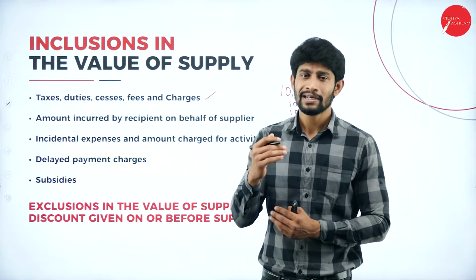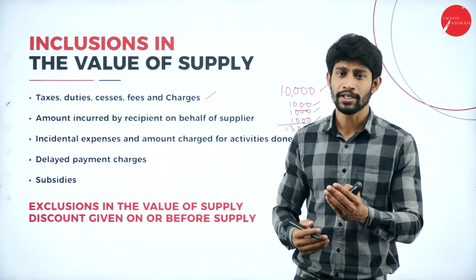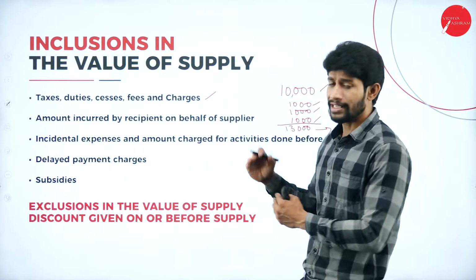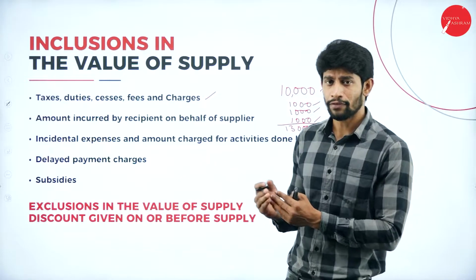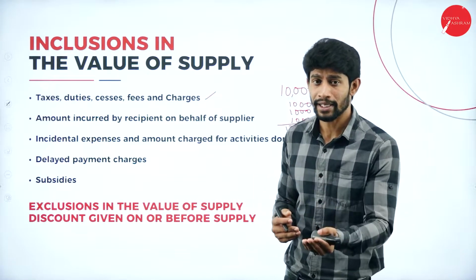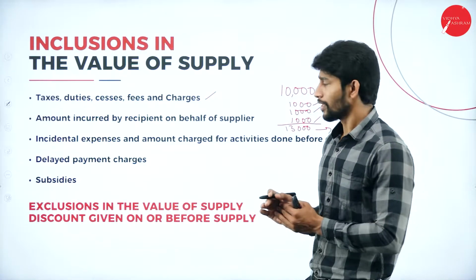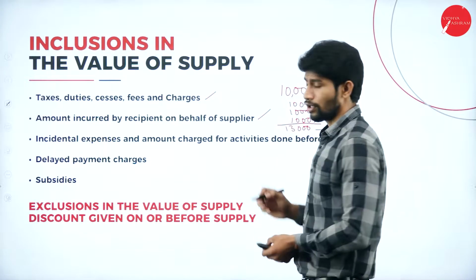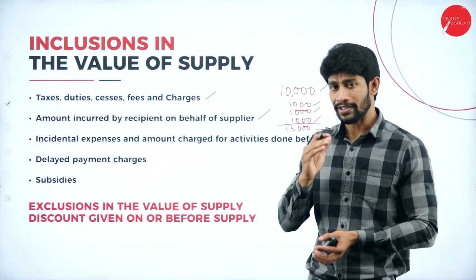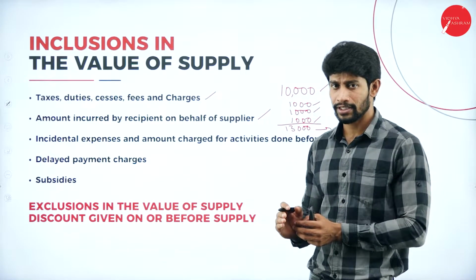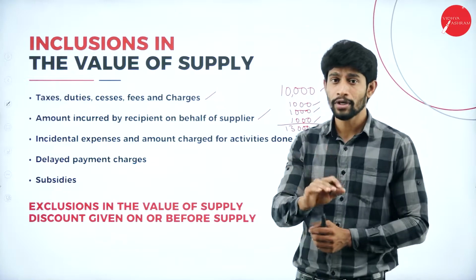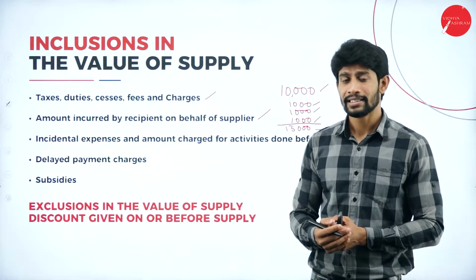On behalf of the supplier, the recipient is going to pay, or sometimes design and development charges. Instead of the supplier, the recipient is paying the design and development charges. At that point of time, we are supposed to add those kinds of expenditures.